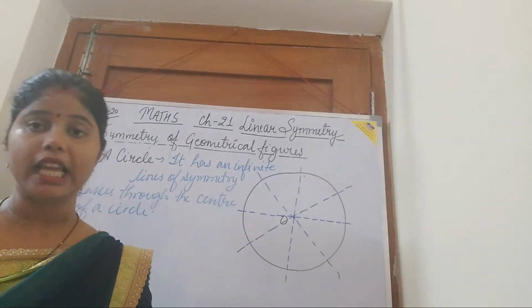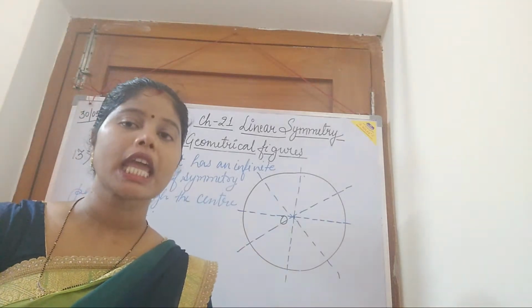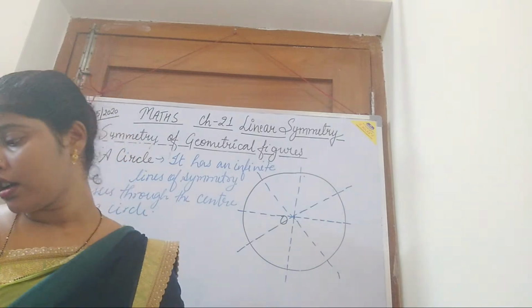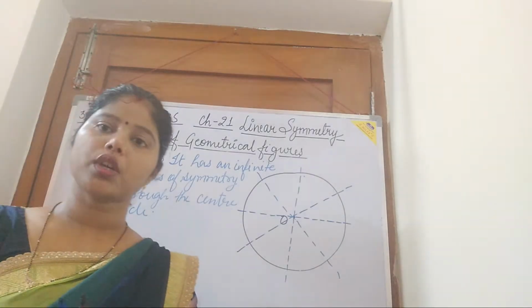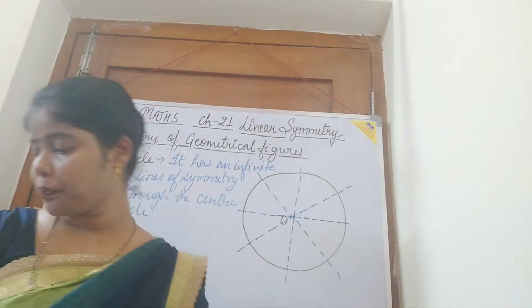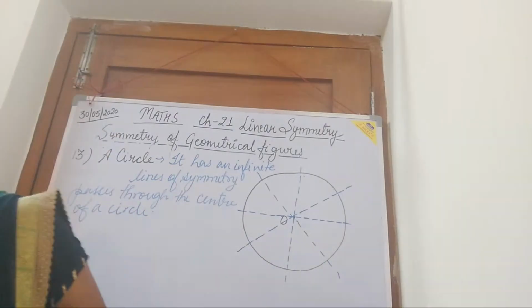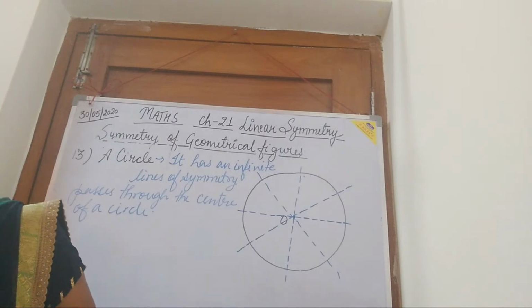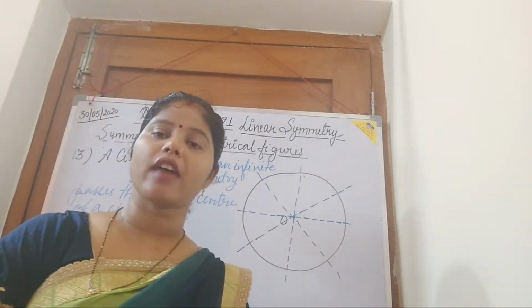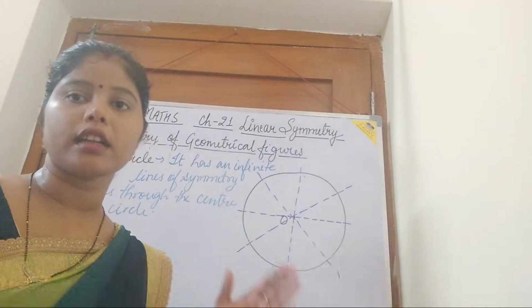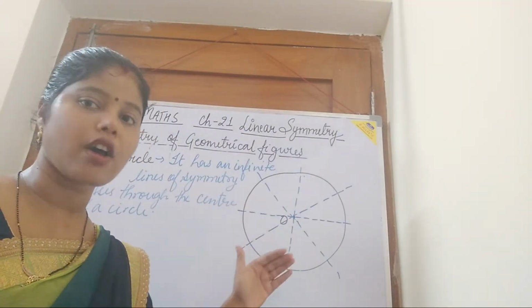A rectangle has two lines of symmetry. A square has four lines of symmetry, a rhombus has two lines of symmetry along its diagonals, a kite has one line of symmetry, and an isosceles trapezium also has one line of symmetry. A semicircle also has one line of symmetry, and a circle has an infinite number of lines of symmetry.